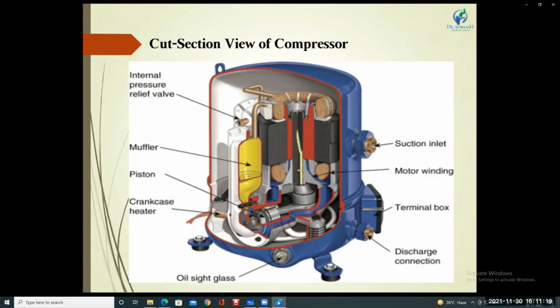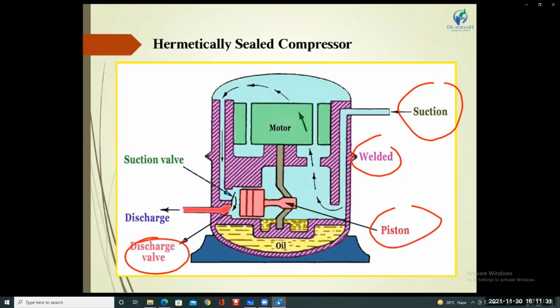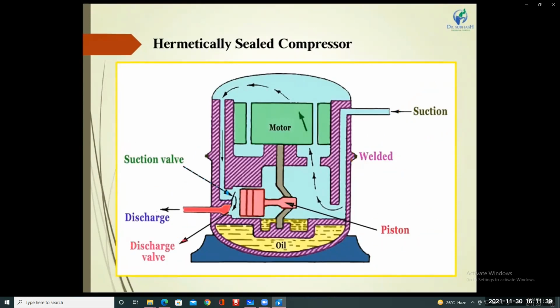This is the normal figure of the hermetically sealed compressor: suction line, welded joint, piston, discharge line, discharge valve, discharge and suction valve, and the base platform.